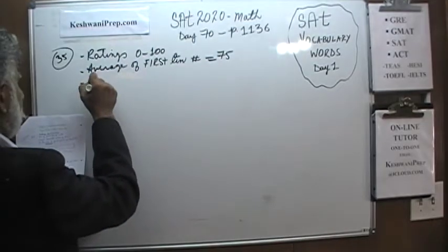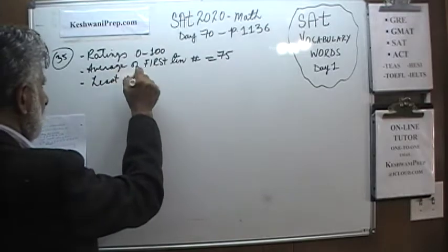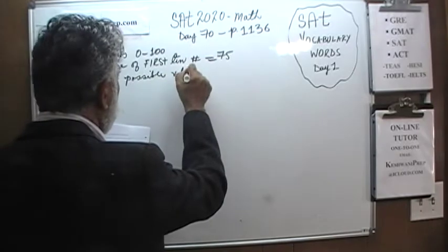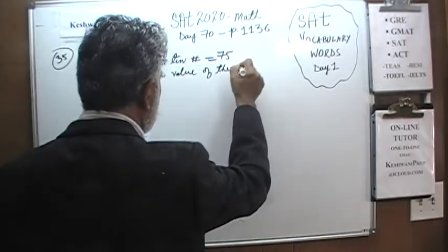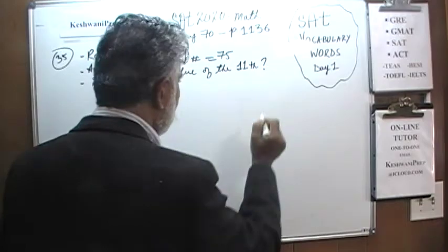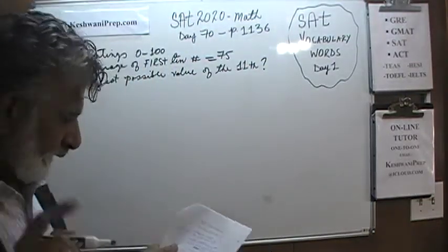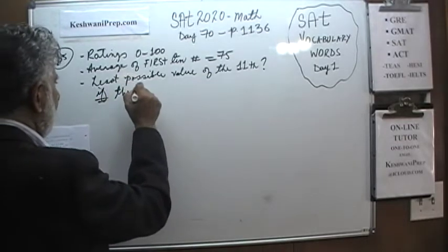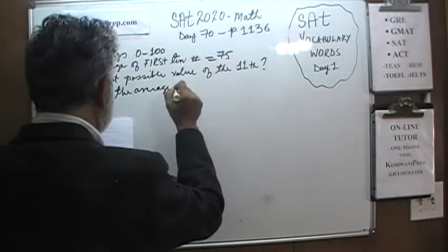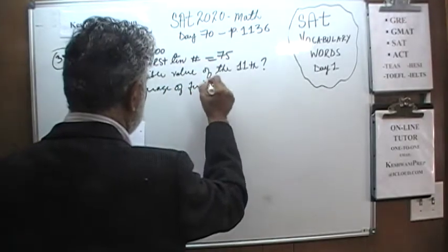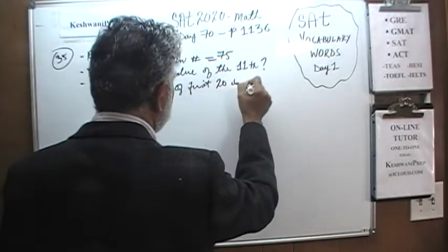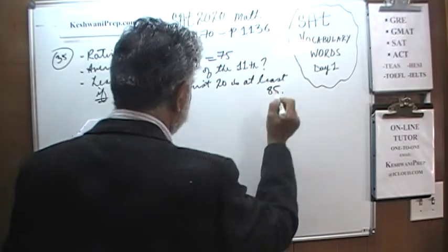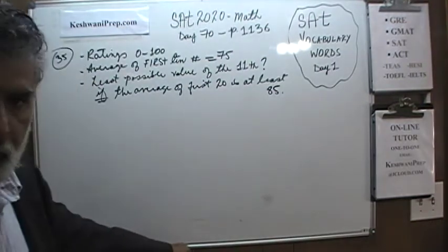Question is, what is the least possible value of the 11th survey if the average of the first 20 is at least 85. There you go. So clearly we are dealing with an inequality.